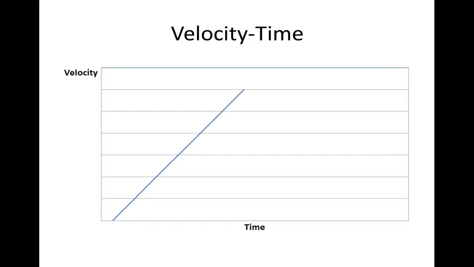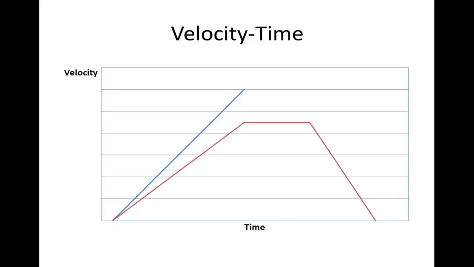It's always useful to begin by looking at the velocity-time relationship. We can create a chart for a moving body where we map the velocity against the time. In this case, what you see is a body moving at a velocity which increases at a constant rate.